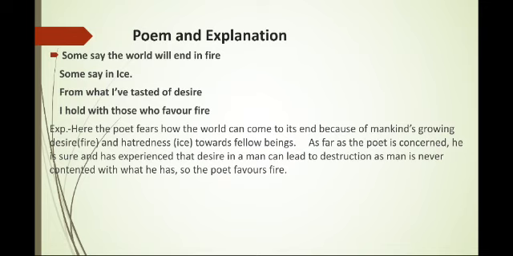As you know, fire symbolizes desire, passion, and fury, while ice symbolizes indifference, hatredness, and coldness. The poet favors fire, which means desire, because he has experienced in his life how rising desire would bring an end to life.